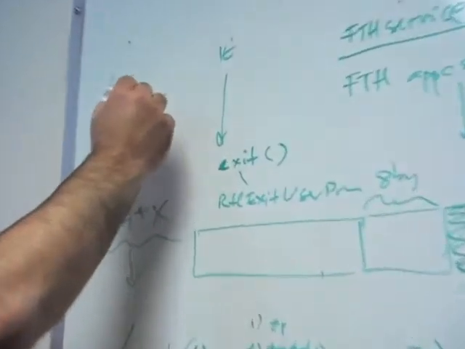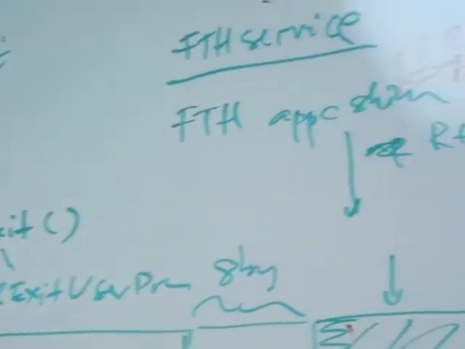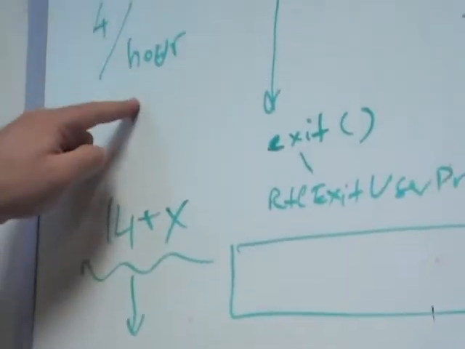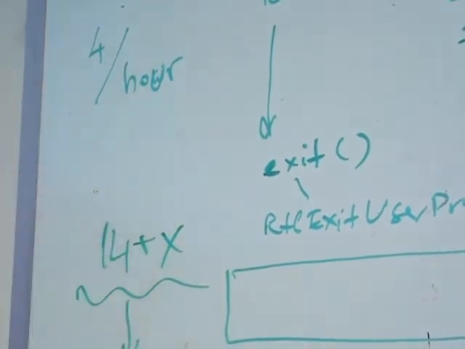Every time an app crashes, the FTH service starts tracking what is going on with that application. And if the app manages to crash 4 times in an hour, which is a pretty awful experience, it will apply FTH.